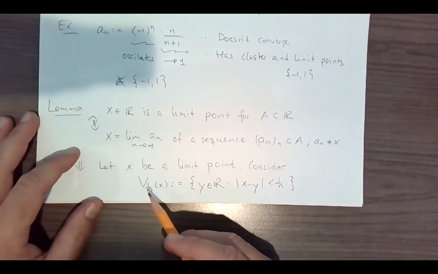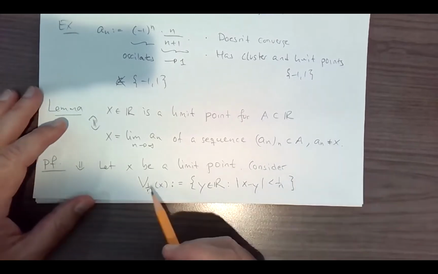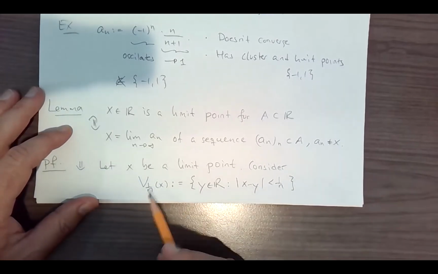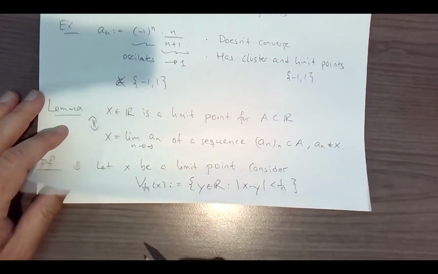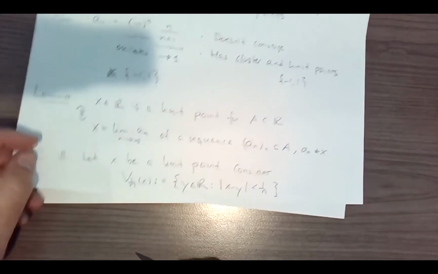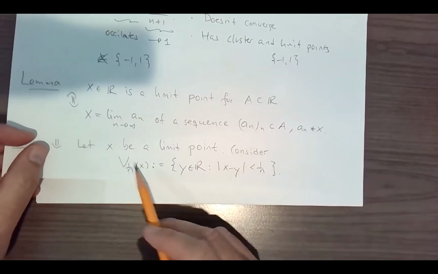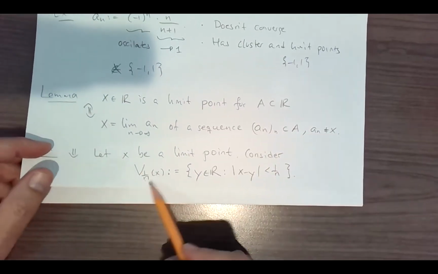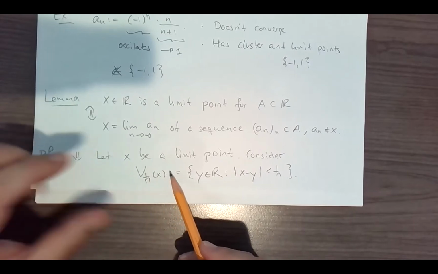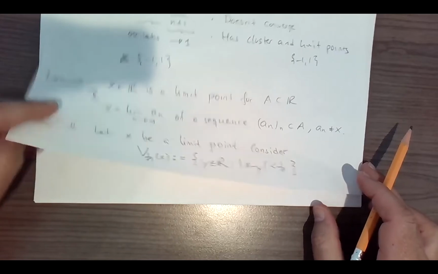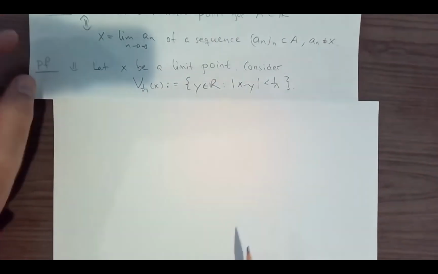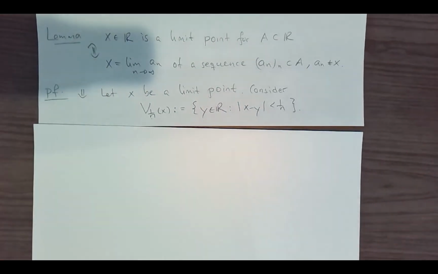Here, the speed that it converges to 0 is not relevant. You could have picked many other ones here. The only thing that's important is that these neighborhoods around x shrink as n goes to infinity. It doesn't have to be this one, but this one here will do it.